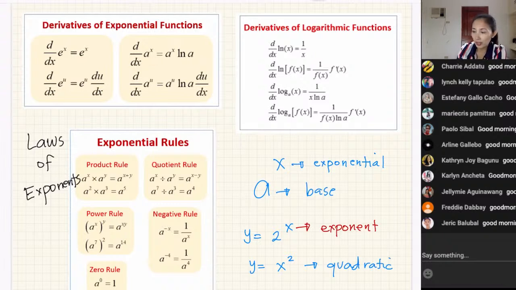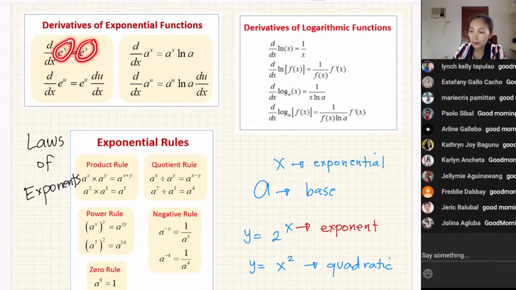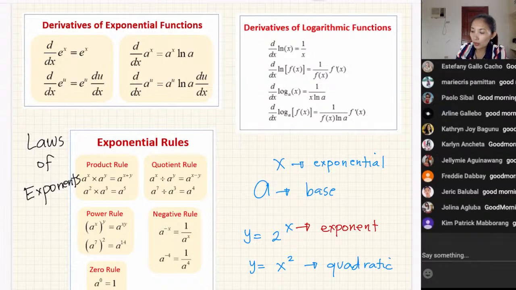So if the function is e raised to x, its derivative with respect to x is e raised to x itself. However, if the exponent is a differentiable function represented by u, e raised to u, then the derivative with respect to x of e raised to u is e to the u times the derivative of u with respect to x.